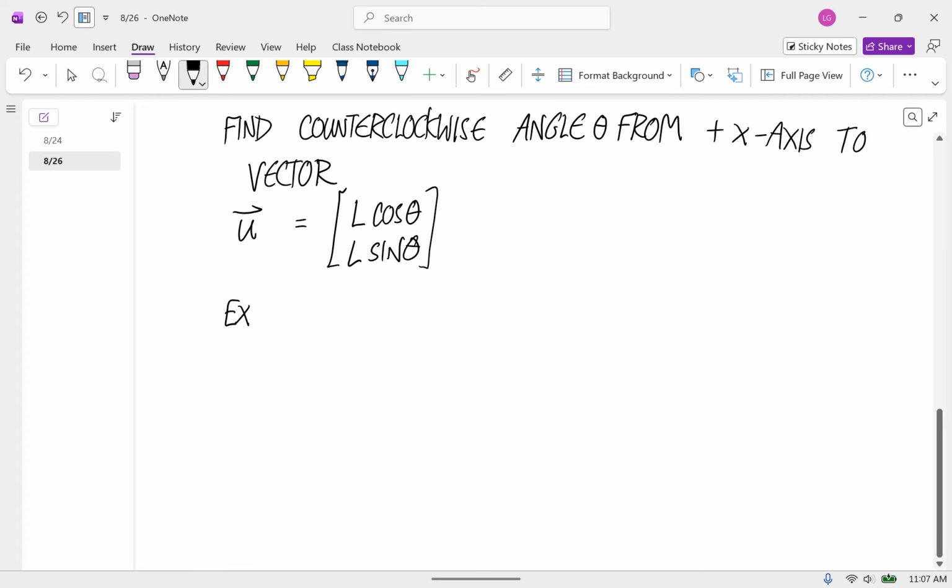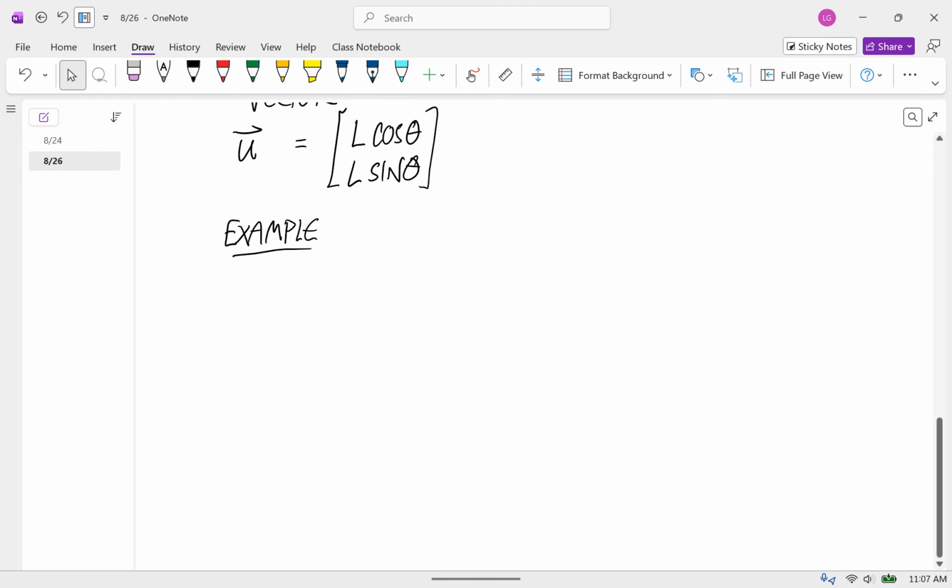Okay, so for example, let's say that we have a vector that has a magnitude of 1.5 and makes an angle of 30 degrees with the horizontal like that. What are the vector components?